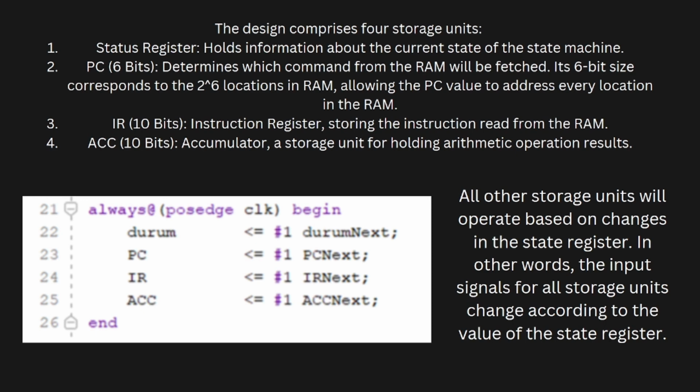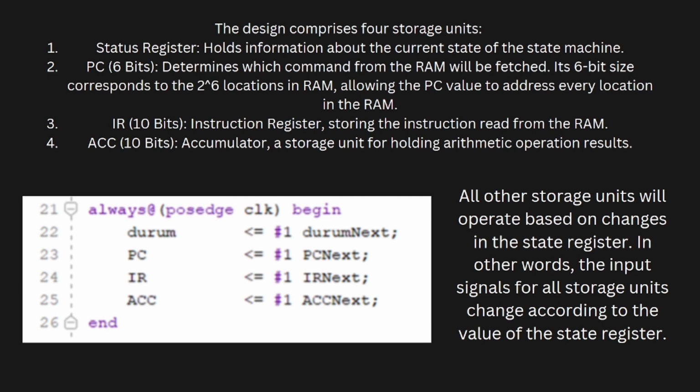The third one is IR. IR contains 10 bits, and IR is actually the instruction register which stores the instruction read from the RAM. So IR will always read the instruction from the RAM. ACC, which contains 10 bits like IR, is an accumulator, and it's a storage unit for holding arithmetic operation results.